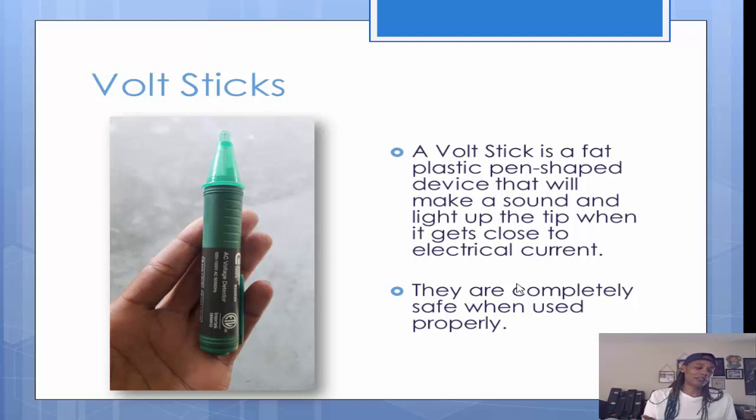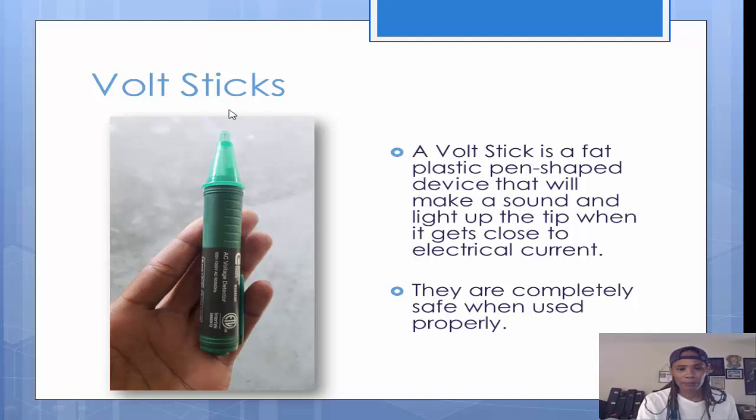All of them are similar, but they're going to be a little bit different as far as their functionality, because there's some that just light up and don't beep. So just find one that you like, because they started using these because they are safer to use when we use them properly.